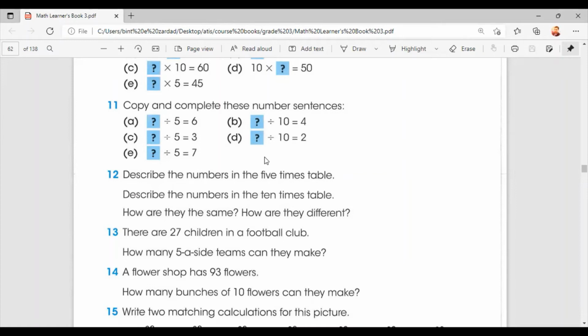The numbers in the 10 times table have just 0 in the ones place. So both tables have numbers with 0 ones. Only the 5 times table has numbers with 5 ones.